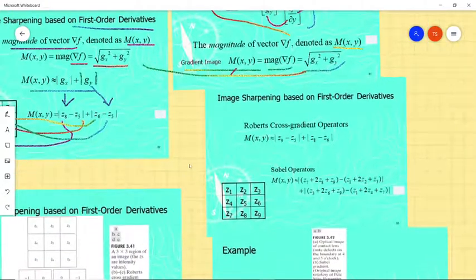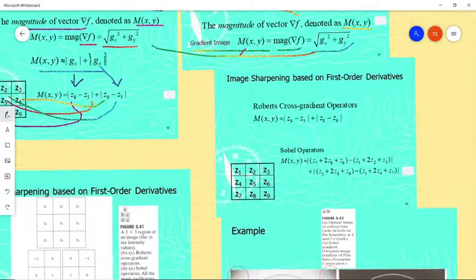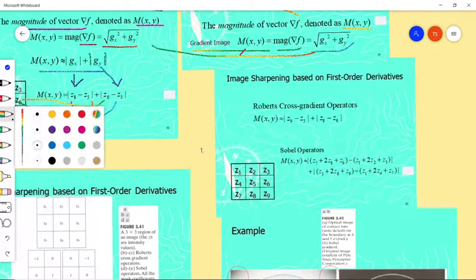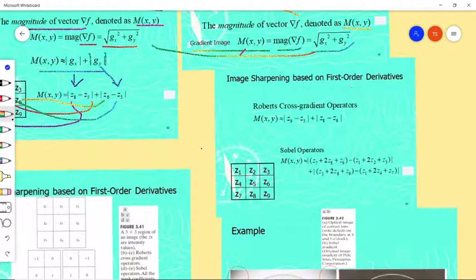From this formula, we see different approaches to sharpening the image based on first order derivatives. First is the Roberts cross gradient operator, denoted with Z9 minus Z5 plus Z8 minus Z6.